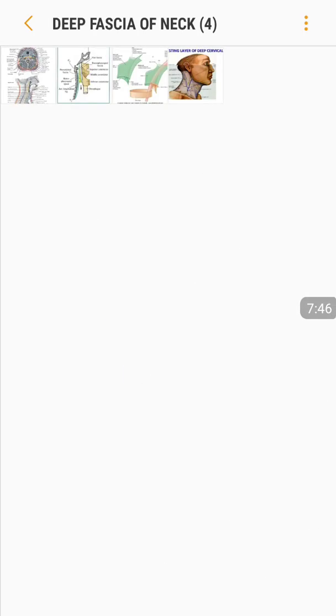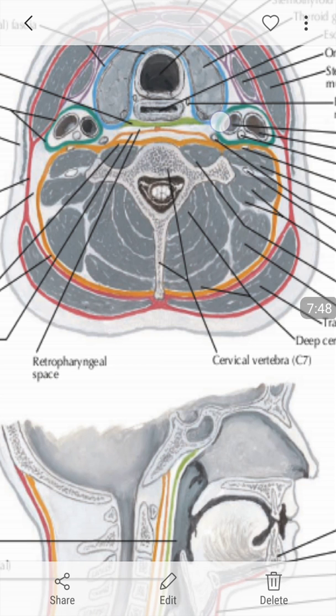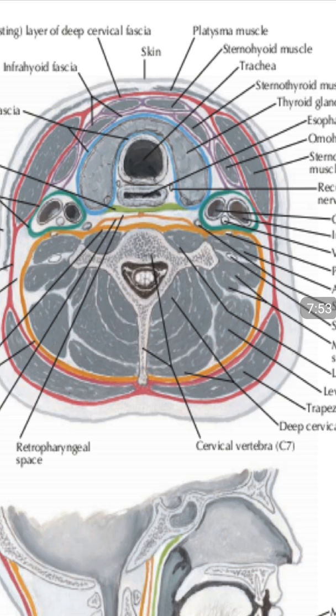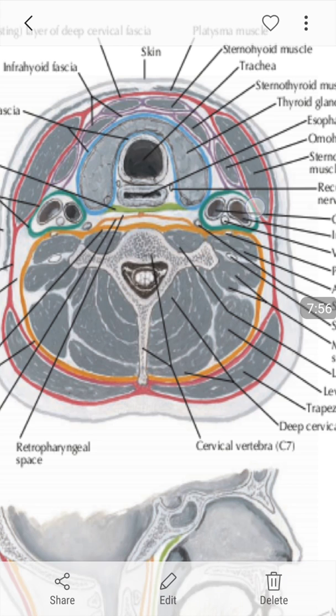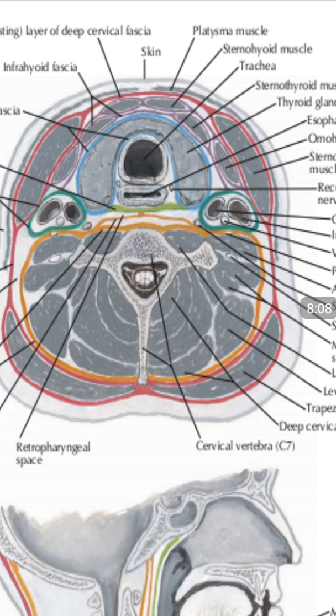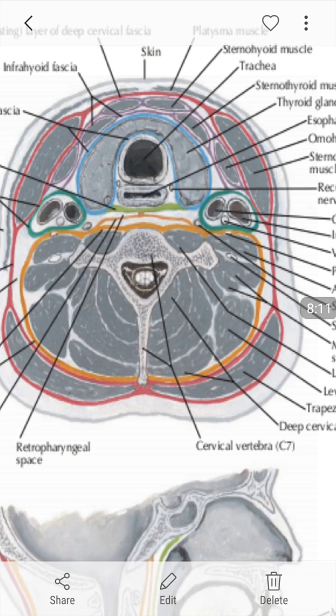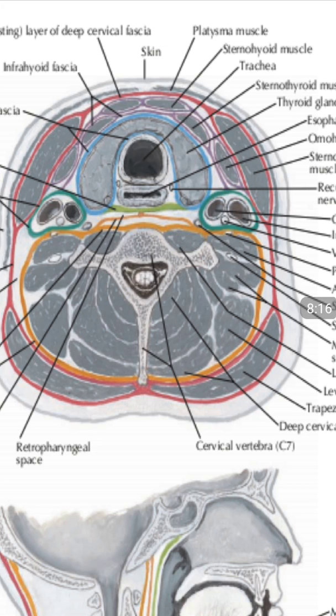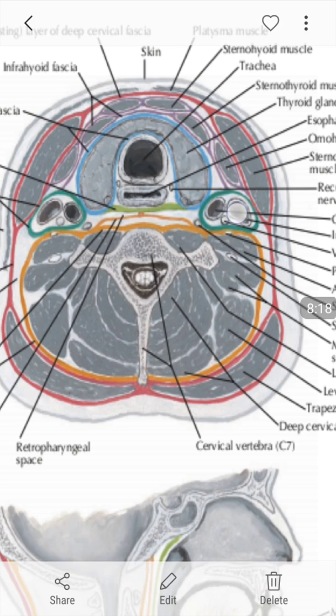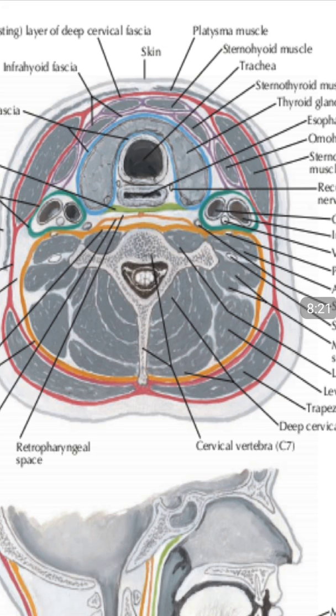And then we have these turquoise green ones. These are actually the carotid sheath. The carotid sheath anterolaterally will merge with the investing layer, and anteromedially it will merge with the visceral layer of the pretracheal fascia, and posteriorly it will merge itself to the prevertebral layer. They actually start surrounding the jugular foramen, and they have certain contents.